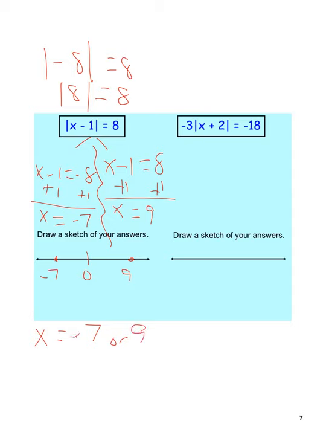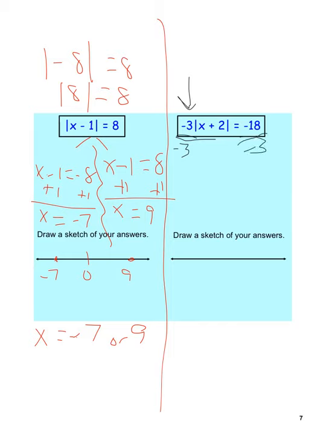Okay, now this right side is a little more complicated, but not much, because what we do here is we've got this negative 3 on the outside. Well, we just have to get rid of the negative 3 right out of the gate. So right now the negative 3 is multiplied by the absolute value of x plus 2. So to undo multiplication, we just divide. Okay? And what's done unto one side must be done unto the other.